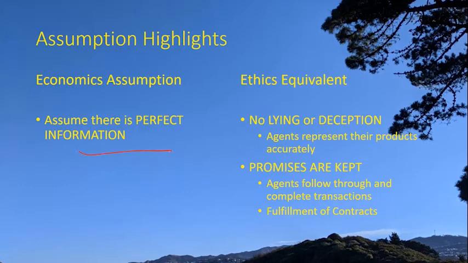Likewise, the assumption of perfect information, the ethical equivalent of that is that agents are not lying or deceiving each other, that they're representing their products accurately. And a lot of times, problems occur over time. Trade occurs over time. So one of the big problems with trade is a lot of times you're going to make a trade and say, tell you what, I'm going to give you so much money if you give me so much in goods.